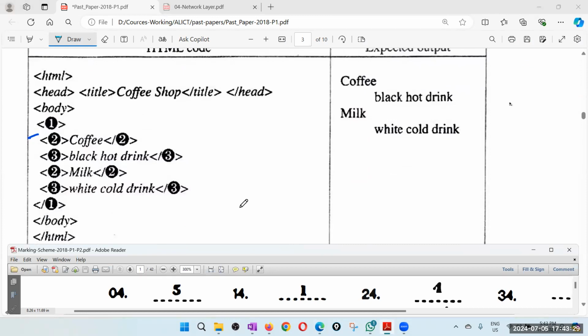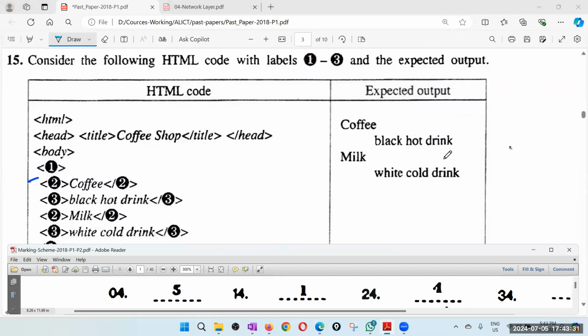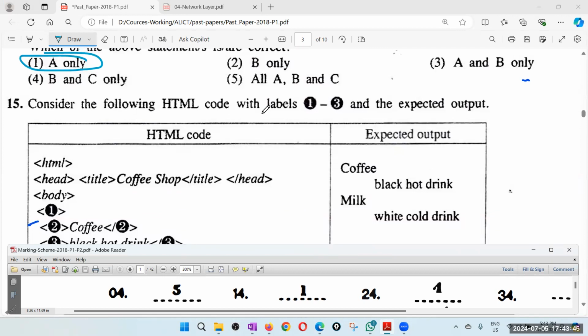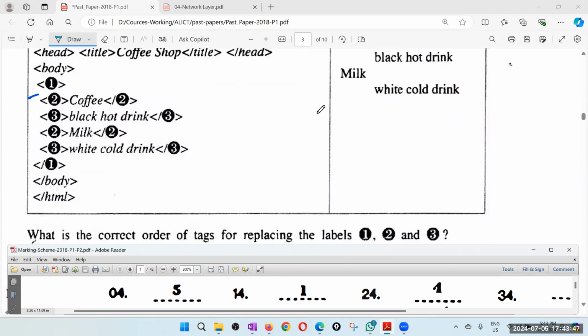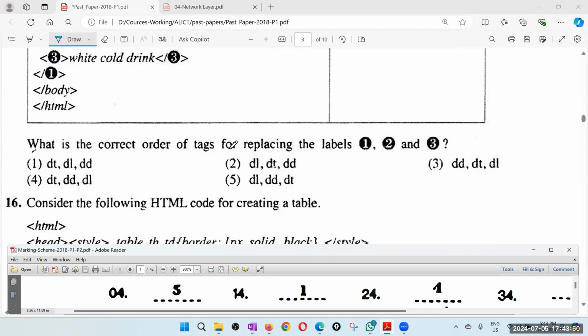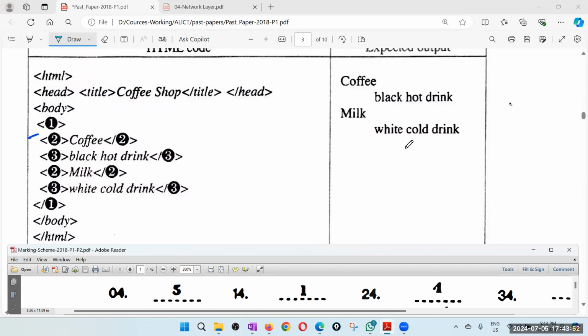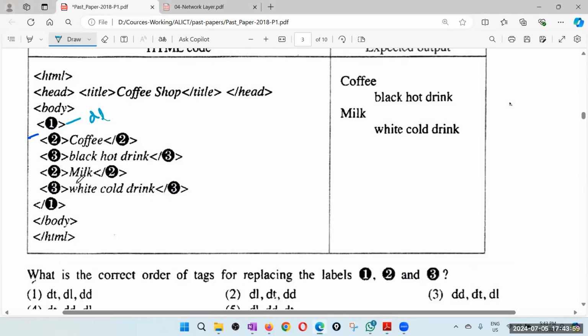Right. Another HTML question. It looks like a definition list. We did this, right? What are the three types of lists? Ordered list, unordered list, definition list. So this is a definition title, definition data. Consider the HTML code with labels 1 to 3. What is the correct order of tags to replace in 1, 2, 3? That is super easy. 1 must be definition list, DL, slash DL.